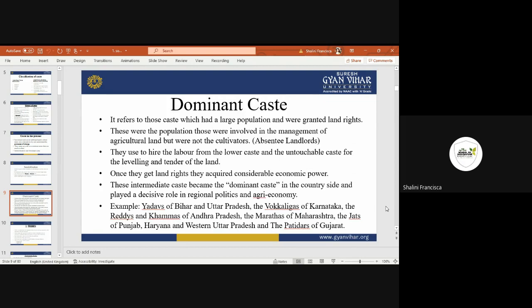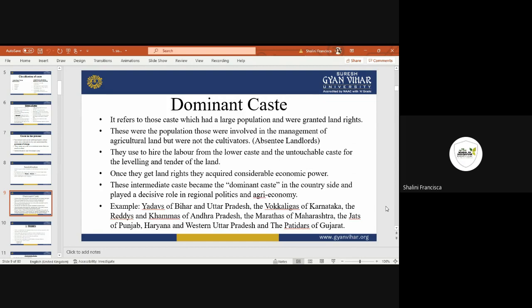They were people with land rights, but they were not directly involved in landlord work. They were like a munshi, like Yadavs, a kind of mediator that they were trying to become.